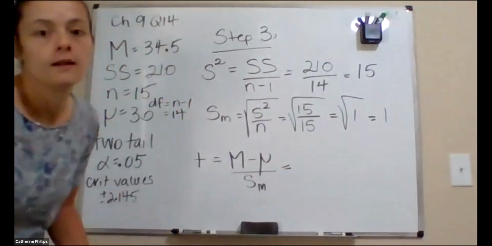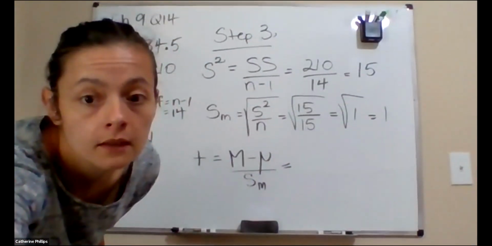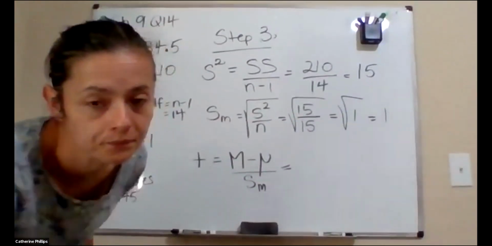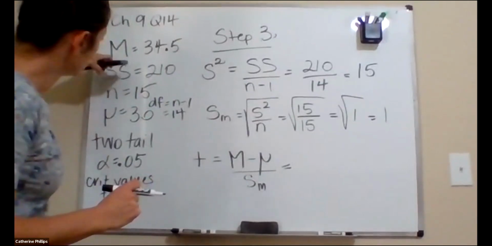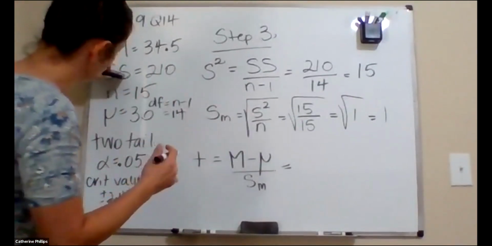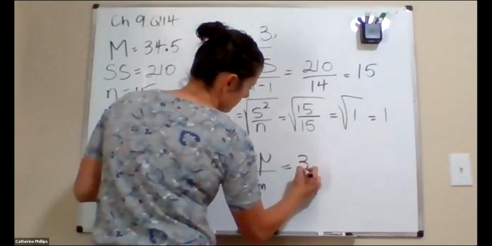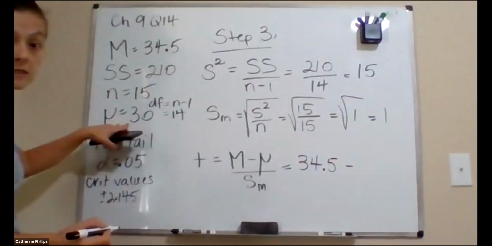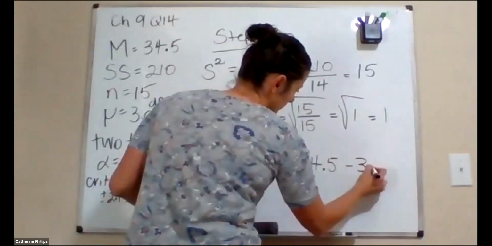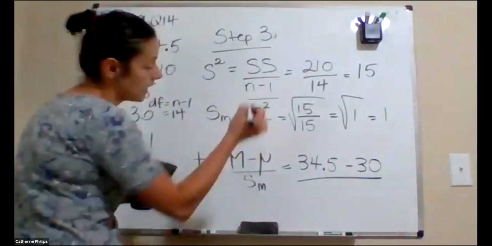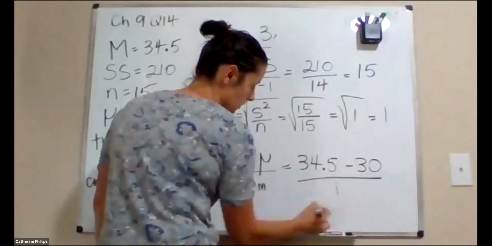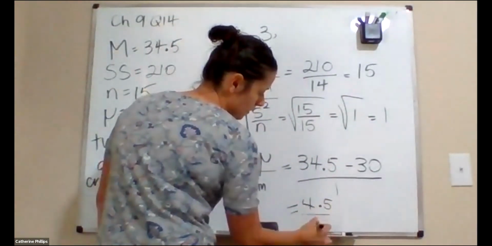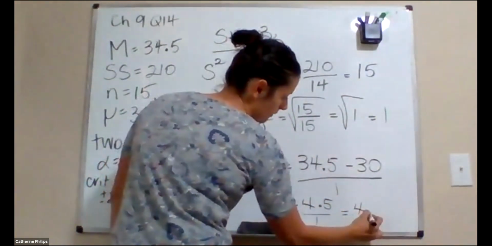The mean of the sample is 34.5. The mean of the population was expected to be 30, divided by the estimated standard error, which was 1. So we've got 4.5 divided by 1, which is 4.5.